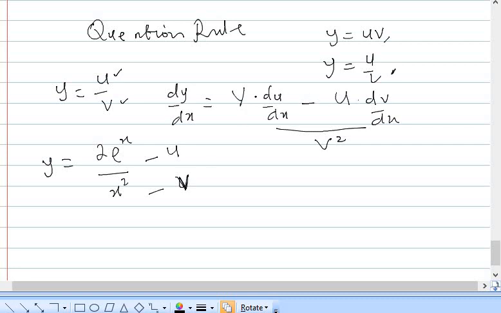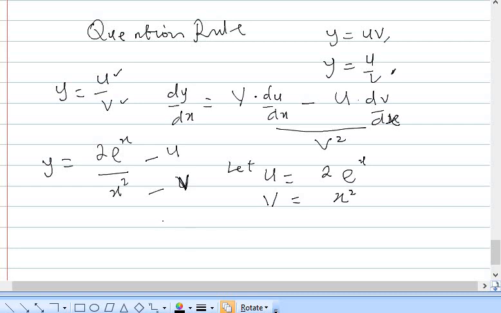So you need the derivative of u with respect to x, and of v with respect to x. Let u be equal to 2 exponential of x, and let v equal x squared.